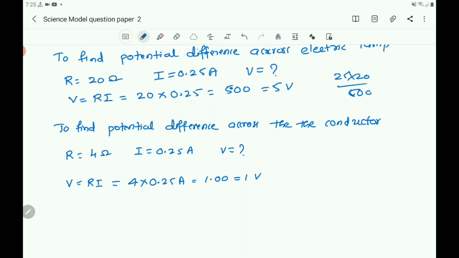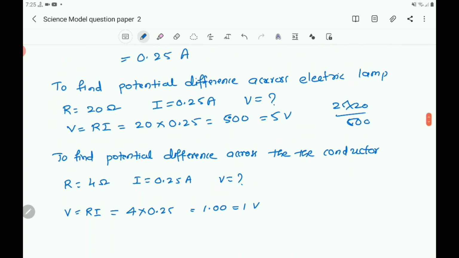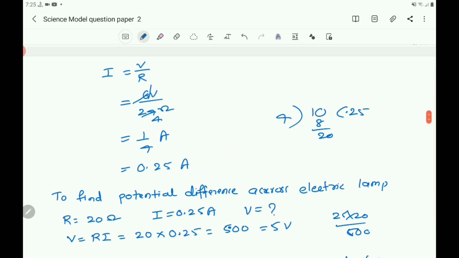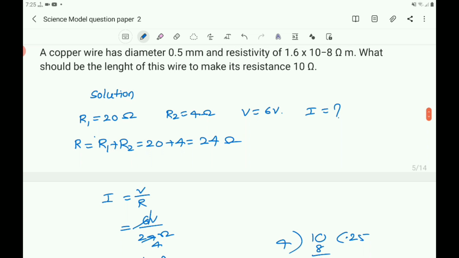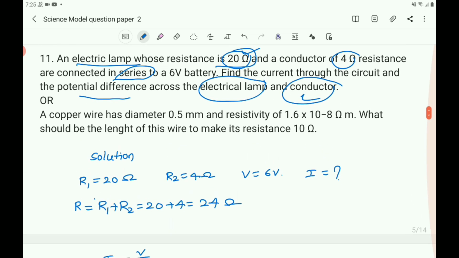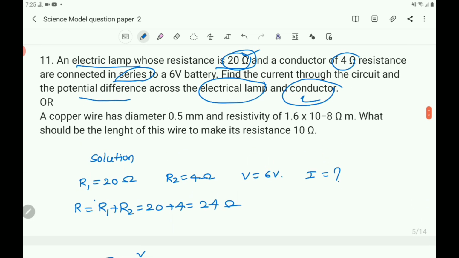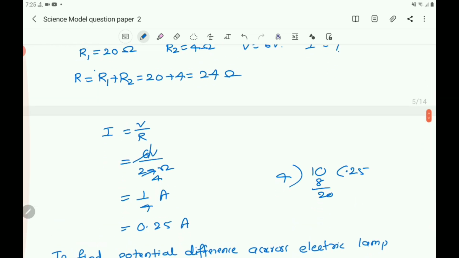Here the potential difference across the conductor is 1 volt, and across the electric lamp it is 5 volt.